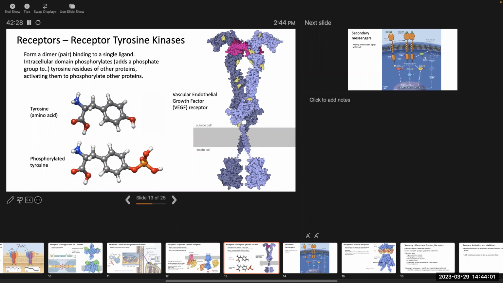And that brings them together to form this dimer. Once they've both bound to their ligand and dimerized, they join together into a pair of 2. Now the receptor tyrosine kinase molecule has been activated.